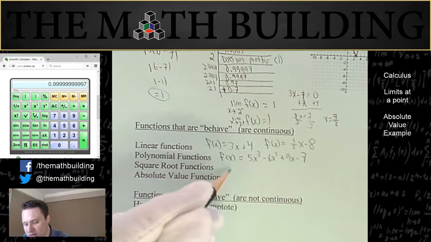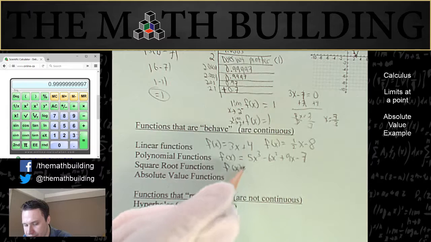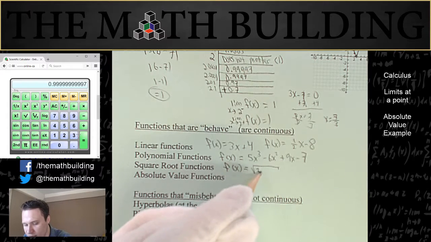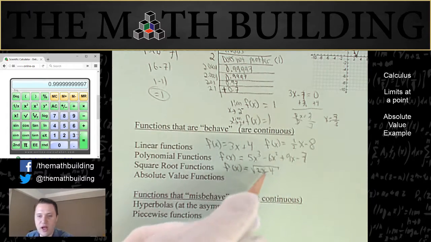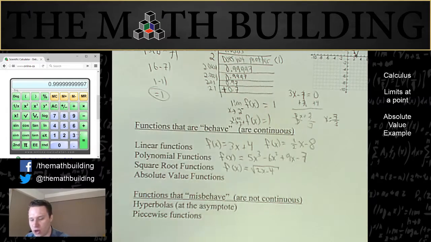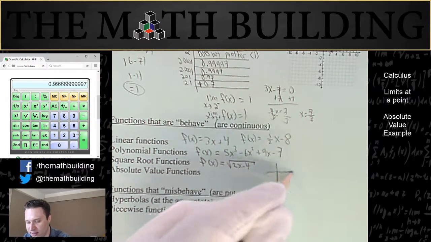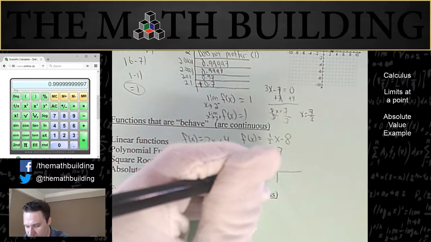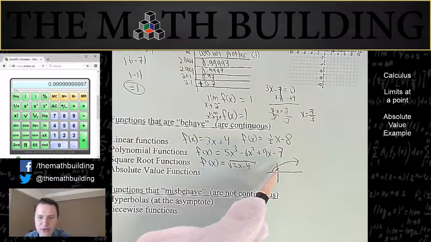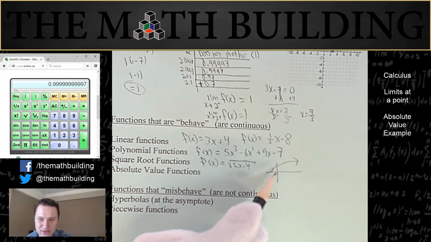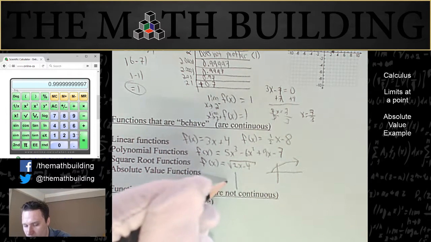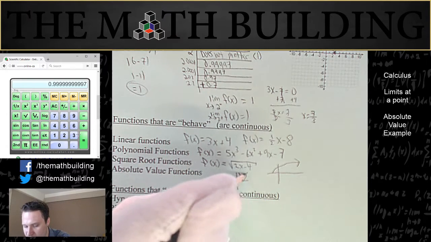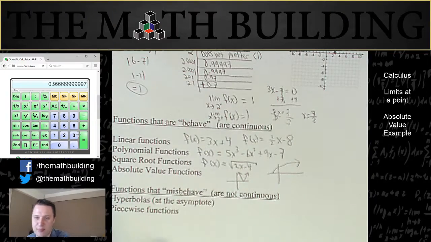Square root functions, where they exist, also behave. So as long as the function exists, because as you know, a square root function kind of looks like this, like here's roughly what the graph of that would look like. Where that square root function exists, it's going to behave. It's going to be continuous. And as we just saw, our absolute value function also behaves, that we did in that previous example.